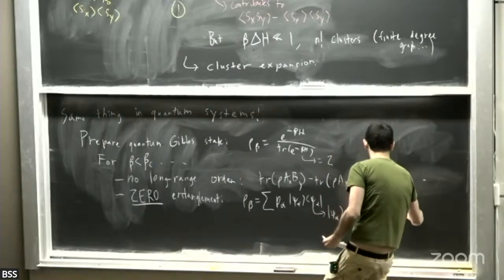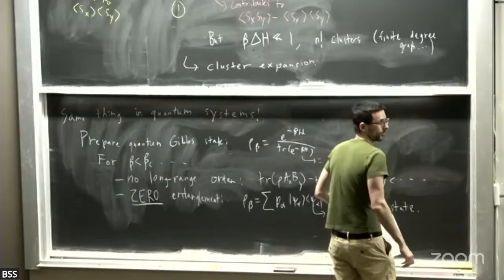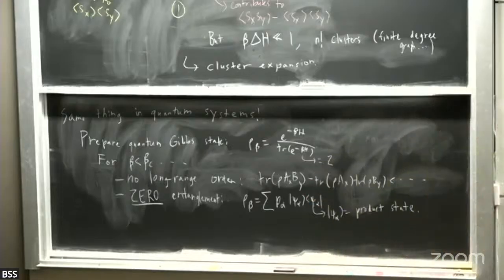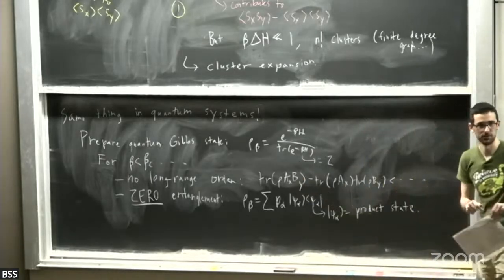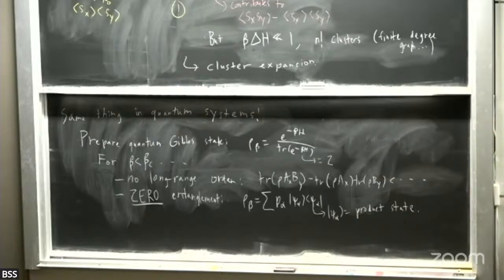Frank was talking about product states this morning, right? As very simple states that you can store on your classical computer. And the high temperature Gibbs state of all quantum systems is just a classical sum of product states. So in this sense, there's zero entanglement entropy that's actually coming from entanglement and not just this classical mixture of product states.